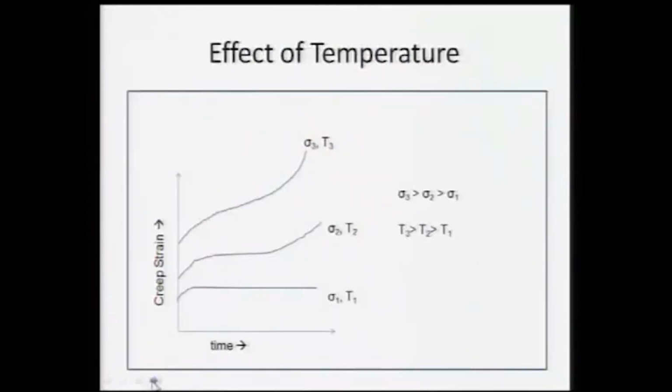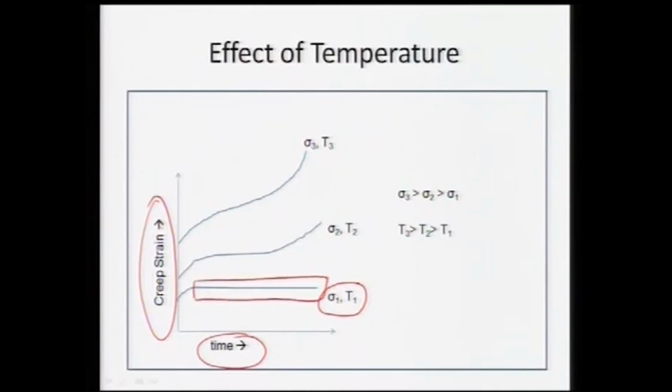So, we can see the effect of temperature and stress as shown here. We define the creep strain along the y axis and time along the x axis. When we have lower stress and temperature, the second region, or steady state creep region, is very long, and the instantaneous strain is also much lower.